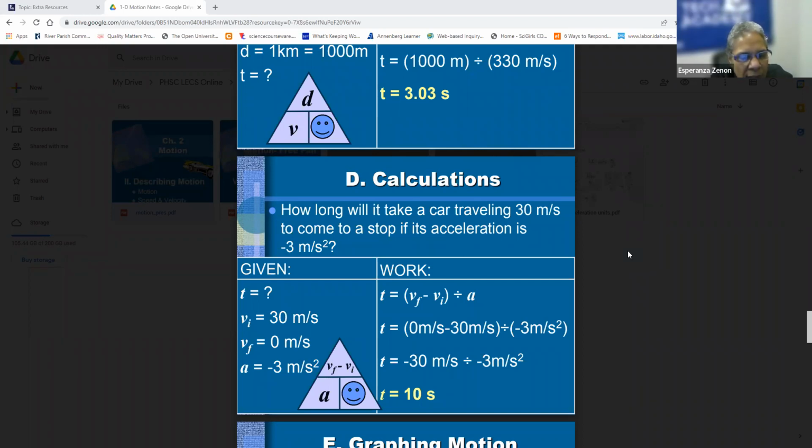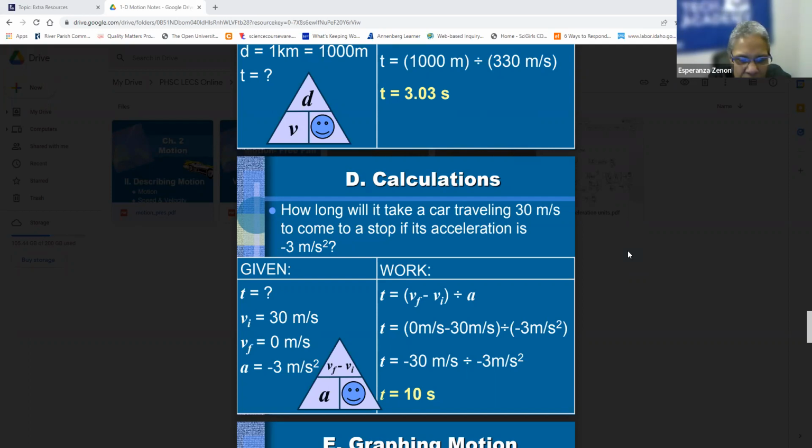All right. So let's take the numbers that I'm working with here and put them into my pyramid. So that becomes 0 meters per second minus 30 meters per second. Now here's the temptation that students have, to always want to put the big number in front, so that when you subtract, you get a positive value. That's not what this formula says. This formula says VF minus VI.